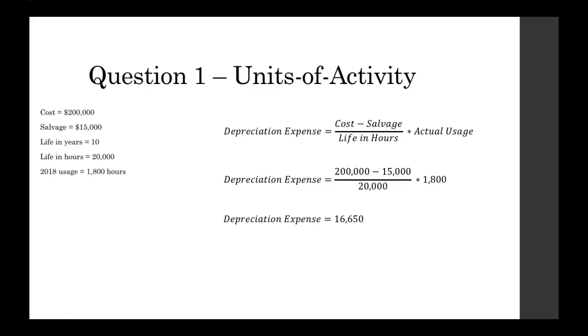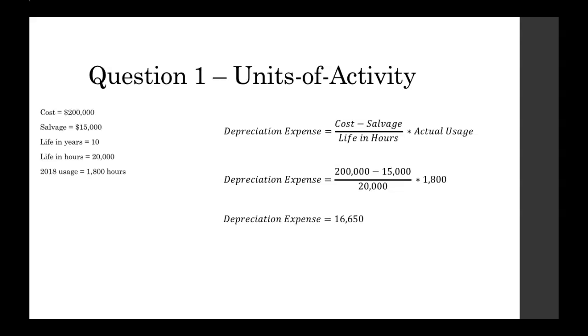But if they were asking for just the depreciation per unit, that's your 200,000 minus 15,000 divided by 20,000. Just the first part of that equation.